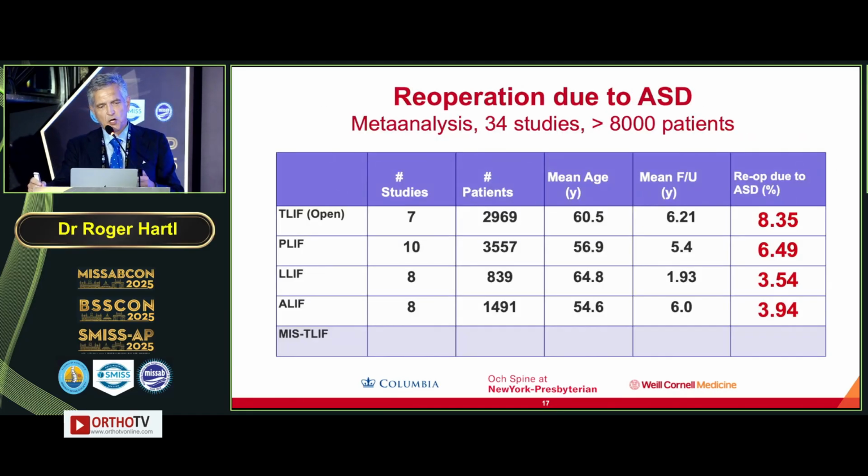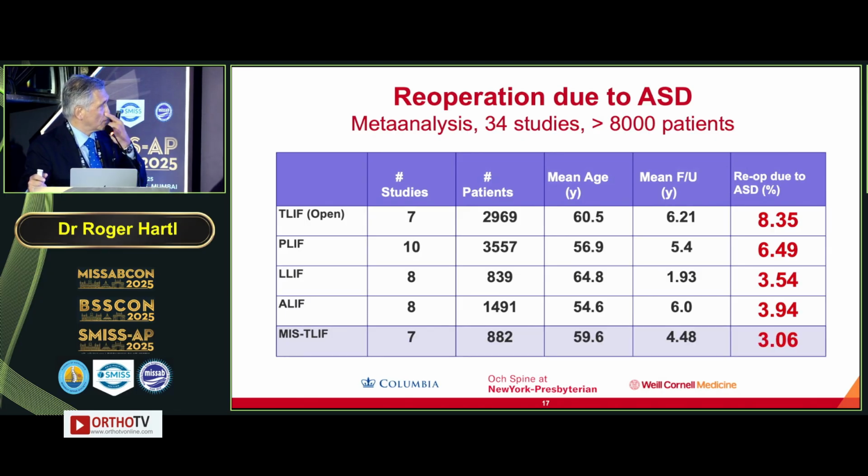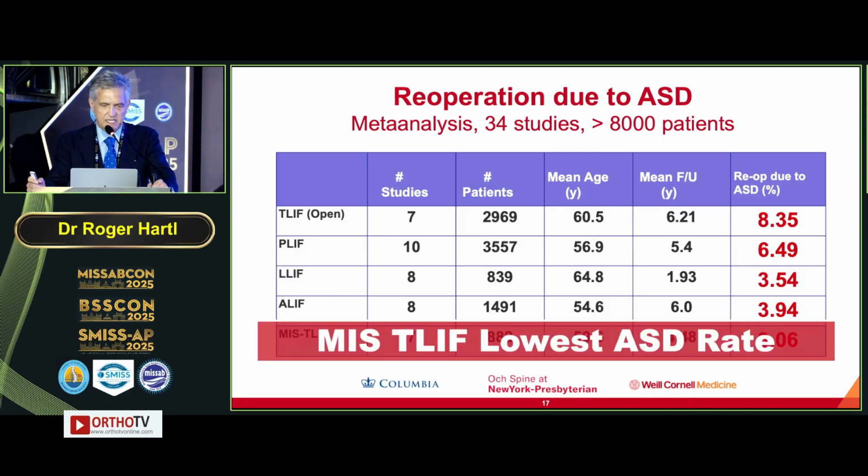If you compare open TLIF surgery to PLIF surgery, which is usually open, lumbar XLIF surgery, ALIF, and MIS-TLIF, the lowest rate of patients requiring surgery for adjacent segment disease, at least in our study, was really MIS-TLIF compared to all the others.